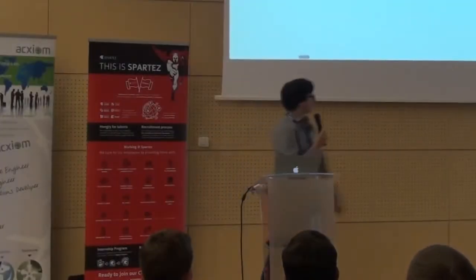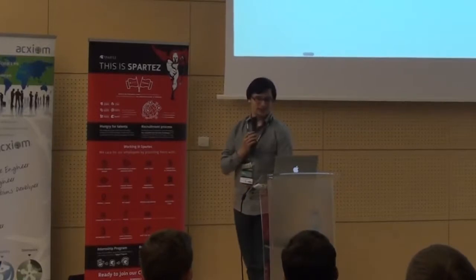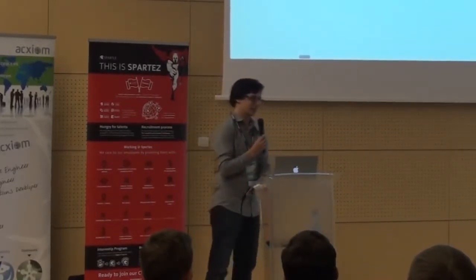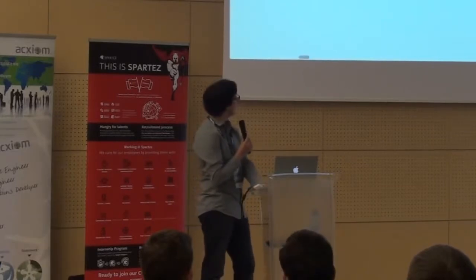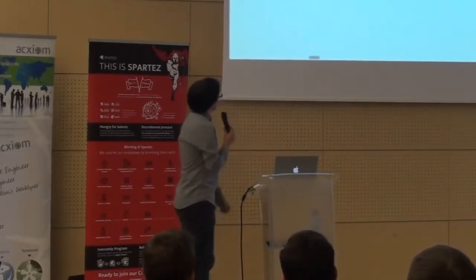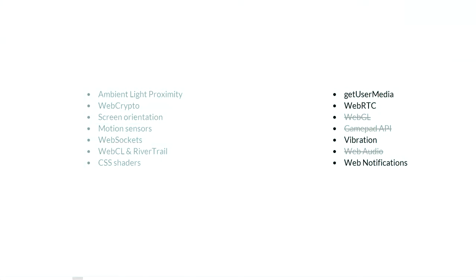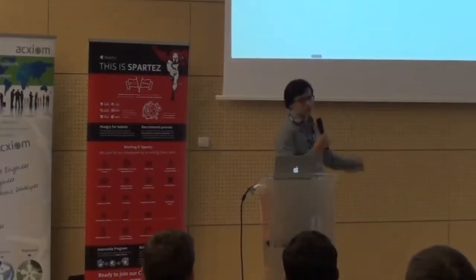Like Ballmer, I'm crazy about all the different APIs which we have right now in HTML5 and so-called Web 2.0. I just checked out a list of some APIs which are hot right now.